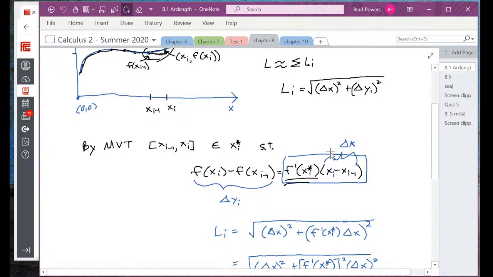Well, here's a question for you. Would it be okay to do something similar with delta x? What is delta y? Well, y is a function of x, so we could do this. But what if y is a function of t and x is a function of t?